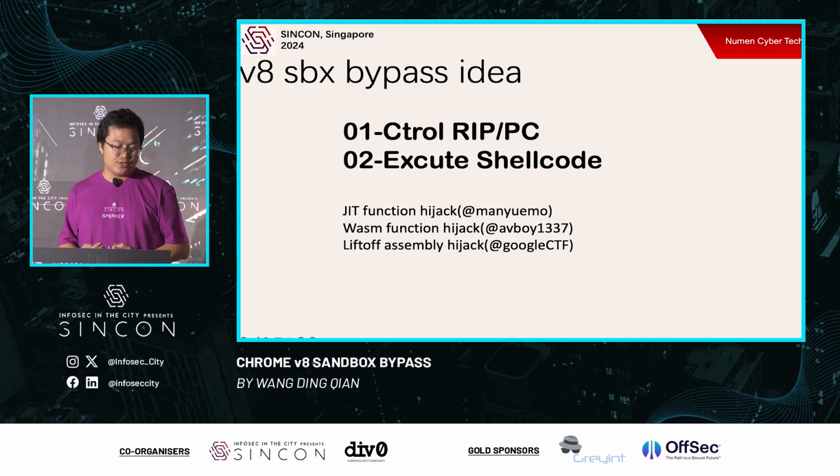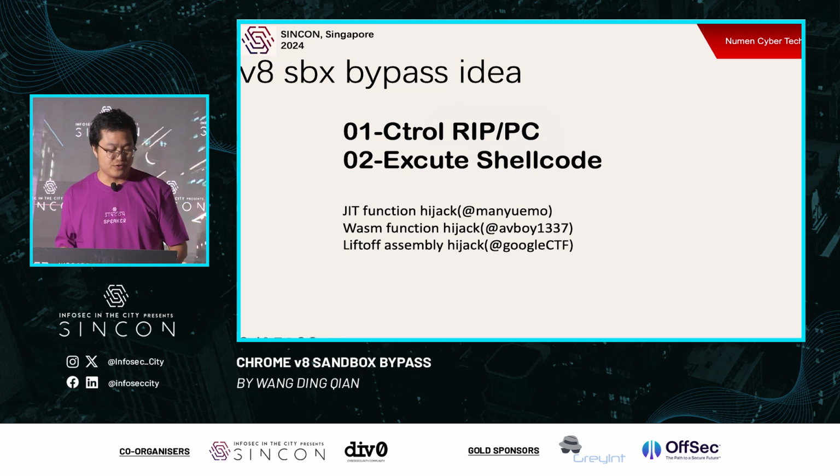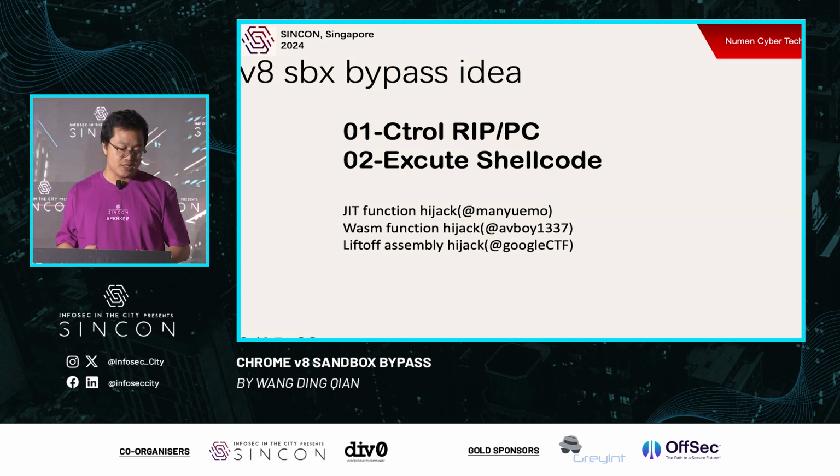Because the V8 Sandbox is becoming more important, in the last year I think there were 3 cases. First is from Wang. He made his exploit public, and everybody can download it and check it.